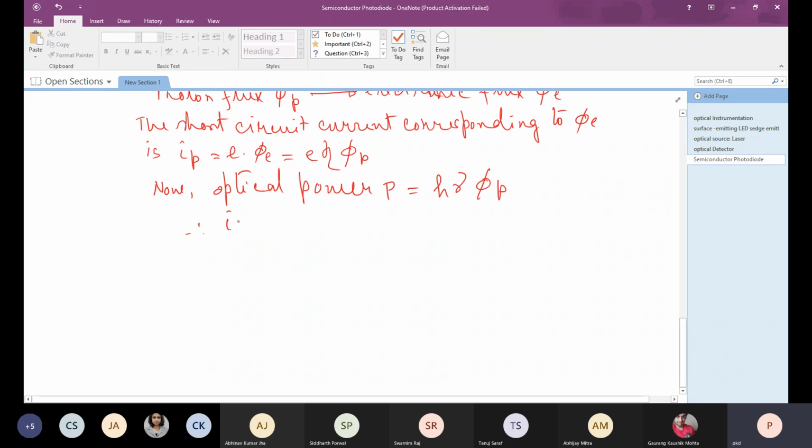Therefore, IP is equal to eta e P by h nu. So this is expressed as RP into P. That means this RP is known as the responsivity.